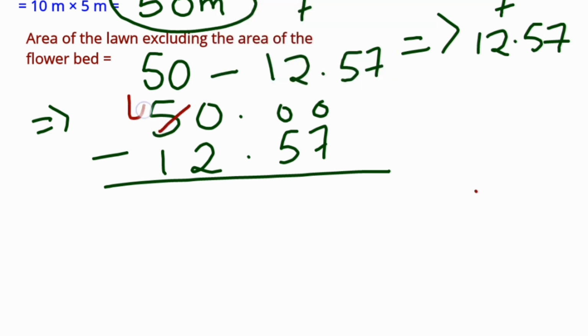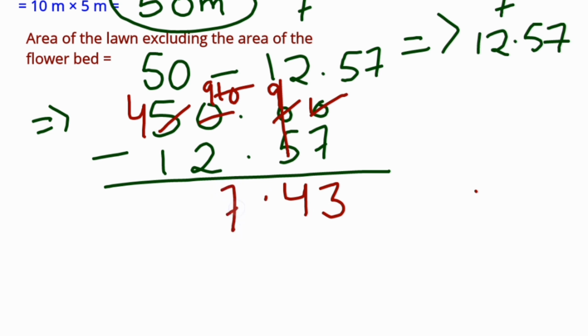So this will become 4. Here it will become 10. Now this 10 will give carry. So it will become 9. Here it will become 10. Again this will give 1 carry forward. So here it will become 9 and this 10. So 10 minus 7, 3. 9 minus 5, 4. Decimal. 9 minus 2, 7. 4 minus 1, 3. So 37.43 meters square is the area of lawn excluding the area of flower bed.